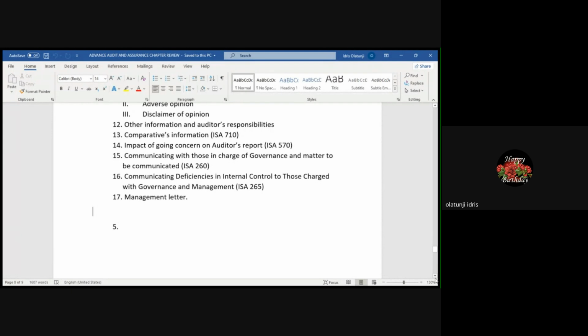That is, auditor is answerable, that if there's any deficiency in the financial statement, auditor is liable to everyone. They have forgotten that the auditor is not responsible to everyone, so that it can be sued by what?